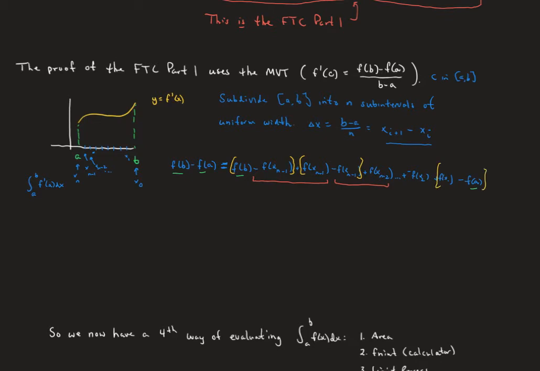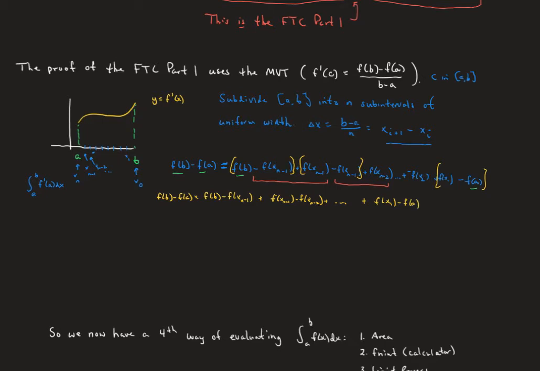So what we have then is going to be our f of b minus f of a is equal to f of b minus f of x sub n minus 1 plus an f of x sub n minus 1 minus f of x sub n minus 2 plus all the way out to the very last one, which is going to be our f of x sub 1 minus f of a.